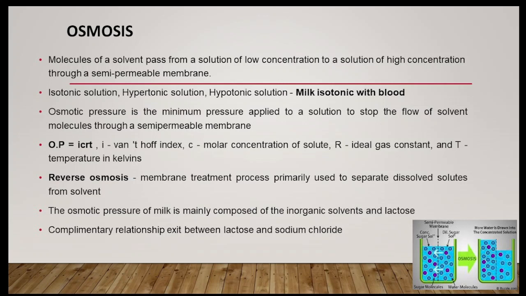The solvent moves from a lower concentration of solute to a higher concentration, and this happens through a semi-permeable membrane. In the case of osmosis, we can classify solutions into isotonic, hypertonic, or hypotonic.